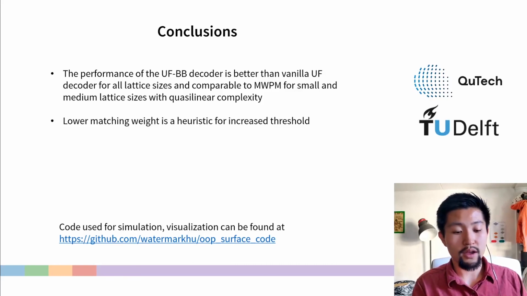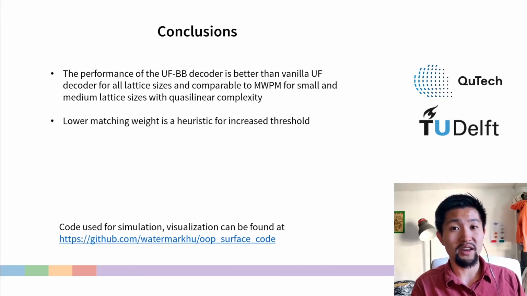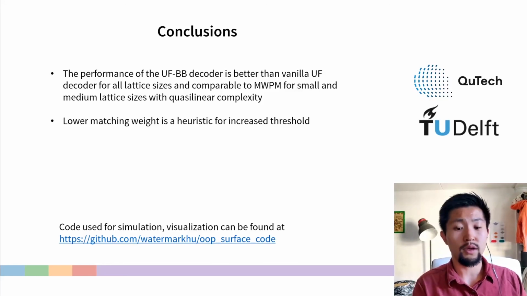And there is something else to conclude: that a lower matching weight is a heuristic for increased threshold. So I think that there are still improvements to be made to the unified decoder as well as the unified balanced Bloom, with the goal of minimizing the weight of the matchings.